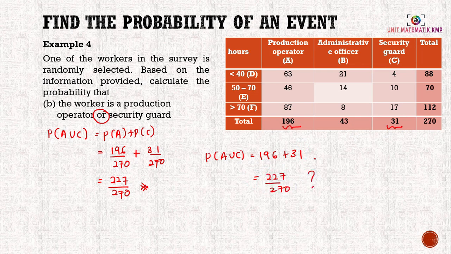So apa maksud dia ni? So atas ni bukan probability. This is not probability. Okay, so the probability mesti divided by total of sample space. Okay, so cannot write like this. So mesti full macam ni. Okay, next.